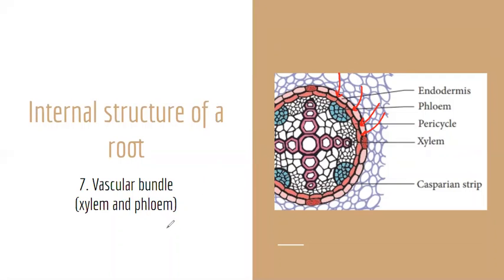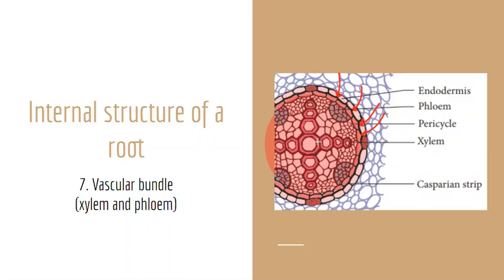And the vascular bundle, xylem and phloem. The center of the root houses the vascular bundle. This is the center of the root, as you can see, and it houses the vascular bundle. Xylems are there, phloems are there, cambium is there.